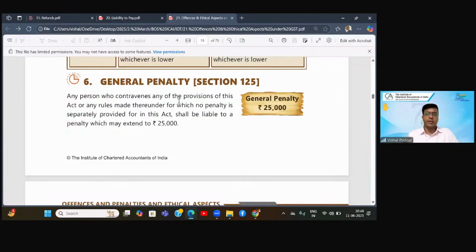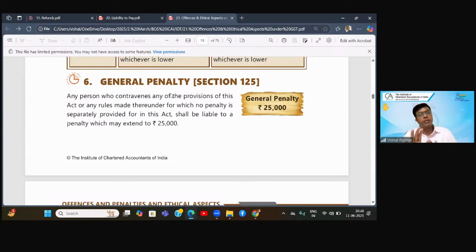Now, what is this general penalty? Till now, what we read was all specific penalties. Specific means where it was specified that for this mistake, this is the penalty. So the name and nature of offenses were specified, and for each type of offense, there was a specific penalty. Now, what does this section say? Any person who contravenes any provisions of this act.